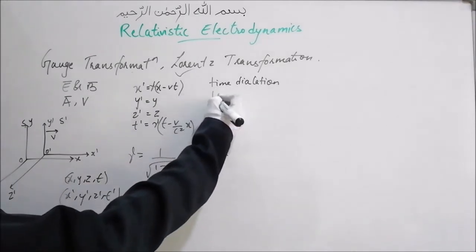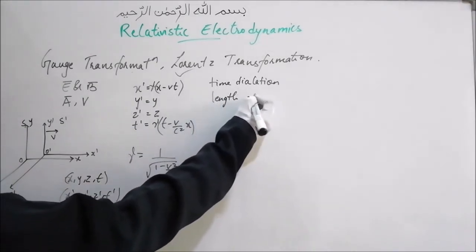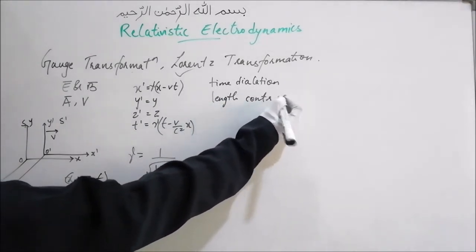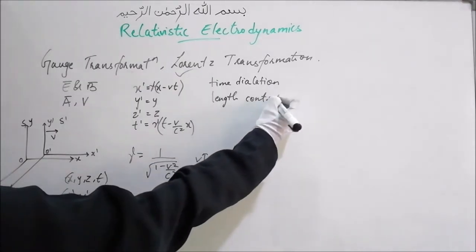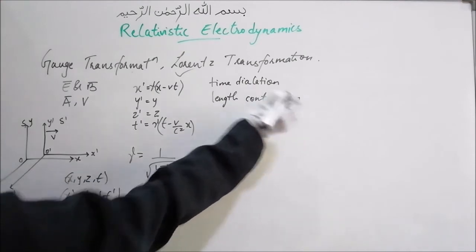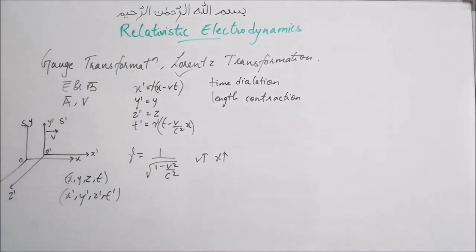Second, we also have length contraction. I'm just giving this in short because we will look at this in more detail in classical mechanics. Length contraction says that moving objects are shortened. You should remember that dimensions perpendicular to the velocity will not be contracted.